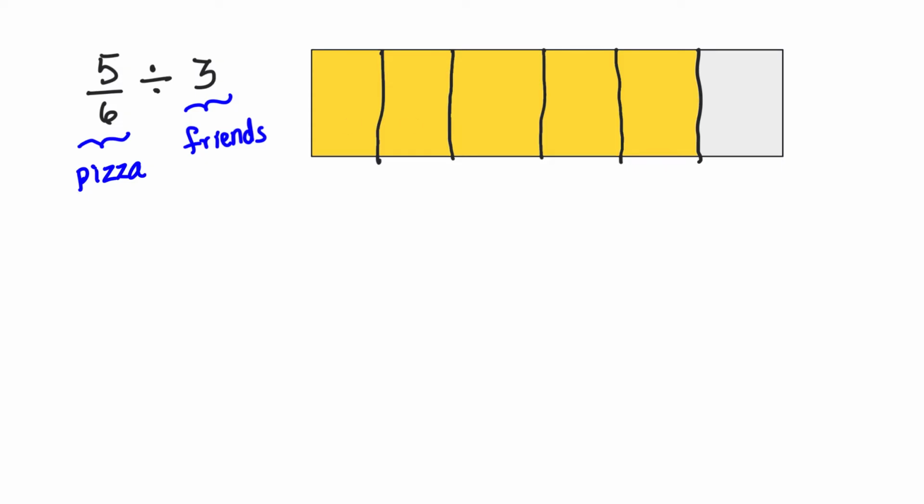Since we only have 5 pieces, we are not going to be able to divide it equally into the 3 people. So we're going to divide each piece into 3 equal parts so that each person gets the same amount from every 6th. So we are dividing every single piece into 3 equal parts.